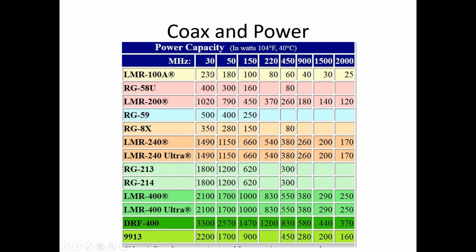But notice, more important is that as you increase in frequency, you begin to lose power, and you remember that in the initial thing that we showed you, as you increase the frequency, you're taking down the power that's actually getting to the light bulb.